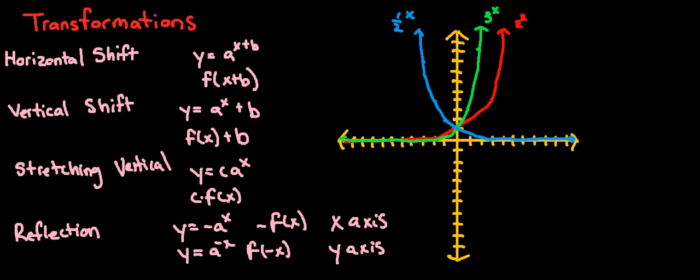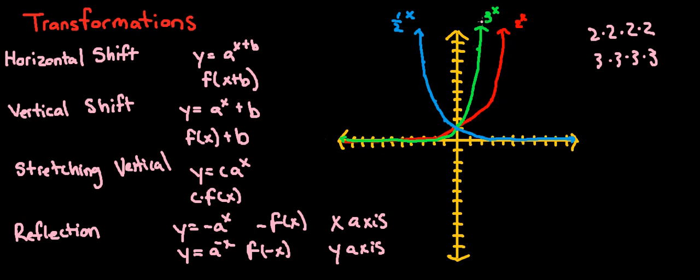And as I discovered when I was multiplying things out for these different functions, 2 times 2 times 2 times 2, 3 times 3 times 3 times 3, the y values are doubling every time x is increased by 1.